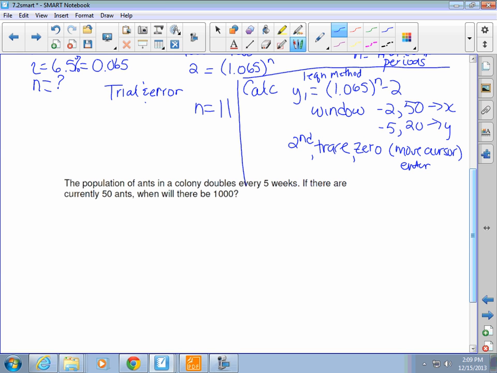Okay, so if we take a look at this, the formula we want to use, and you need to refer to it in your textbook, is basically just a manipulation of our transformation formula for exponential functions.